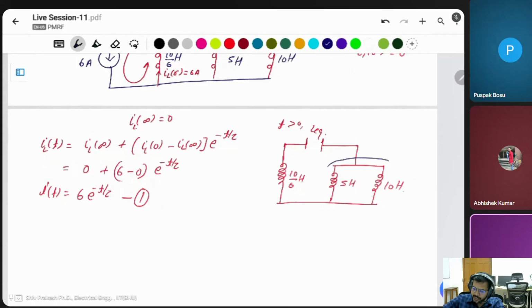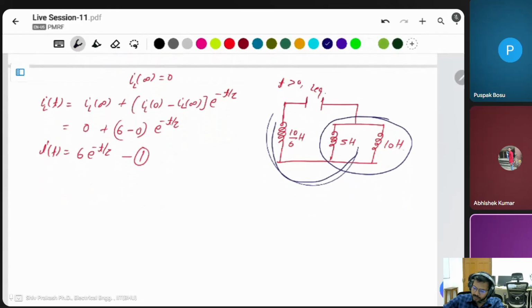These two are connected in parallel. Then after this circuit is closed like this one, a series combination. Simply I write here L equivalent seen from this one.